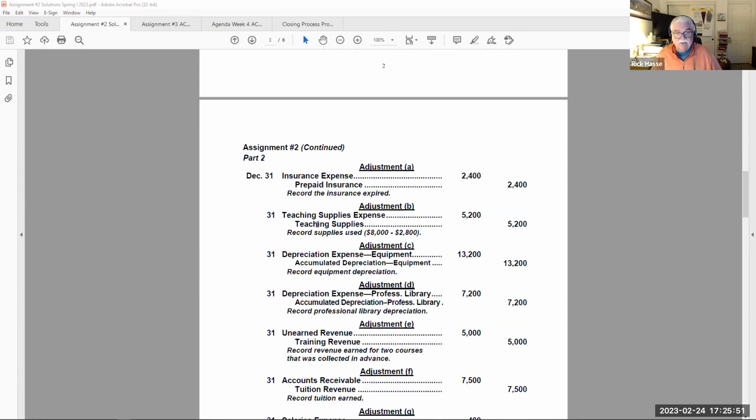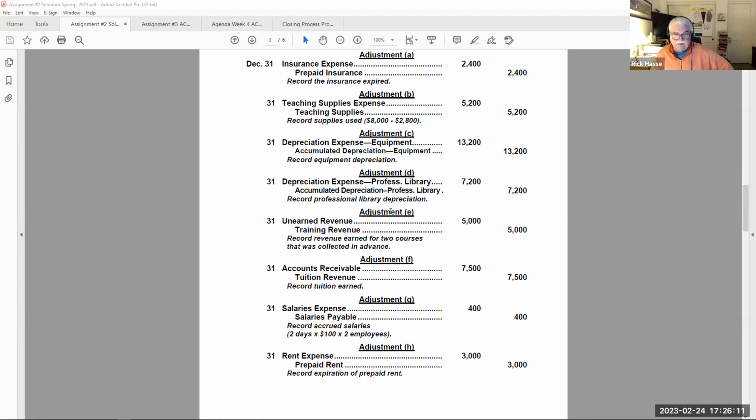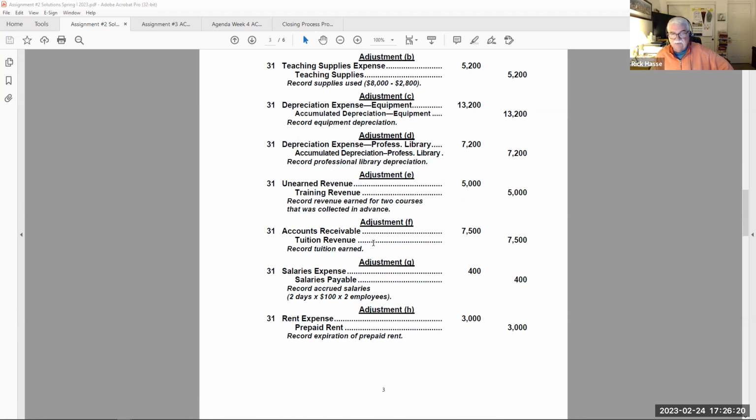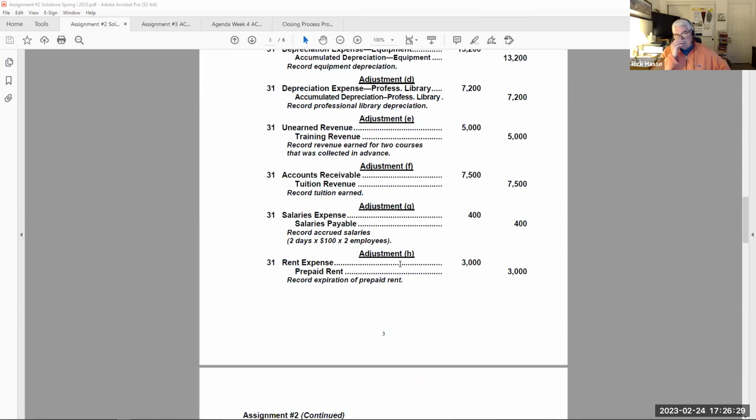Then I went ahead and did the adjusting entries, which all of you did very well on. These were adjusting entries for taking a prepaid insurance into an insurance expense, the adjustment of inventory and supplies used for supplies, the depreciation on equipment, the depreciation on the professional library, the recording of revenue now going from unearned to regular revenue, the recording of billed revenue to accounts receivable, the recording and accrual of salary expense to a liability, and the rent expense as a prepaid that was prepaid rent now becoming an expense item.